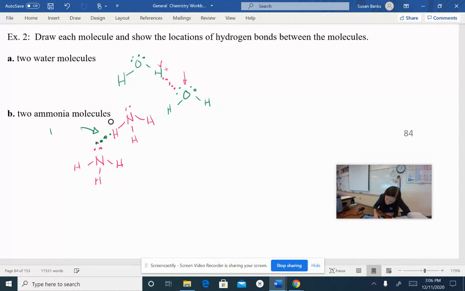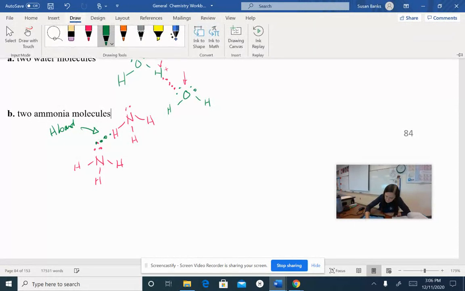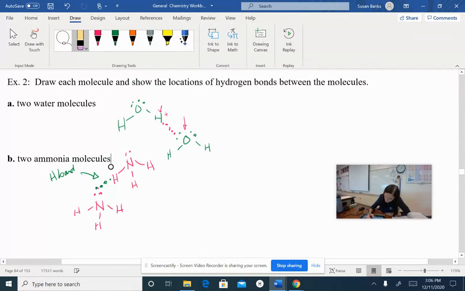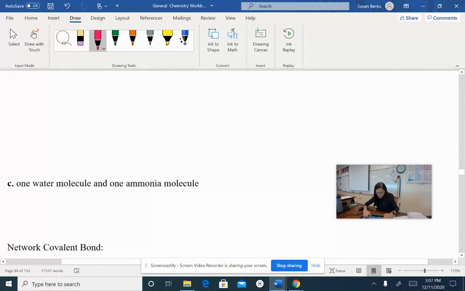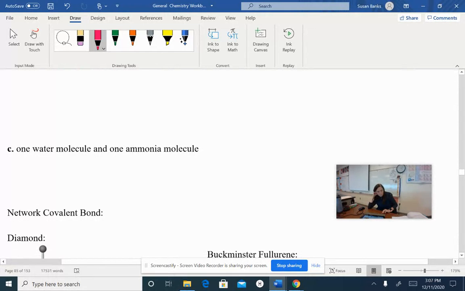So that is my hydrogen bond right there. Why won't it let me put hydrogen bond in there? Okay. All right.